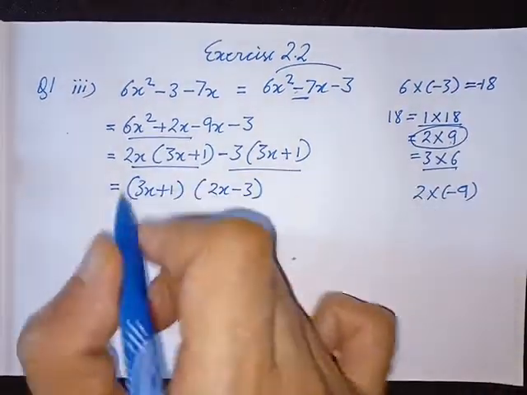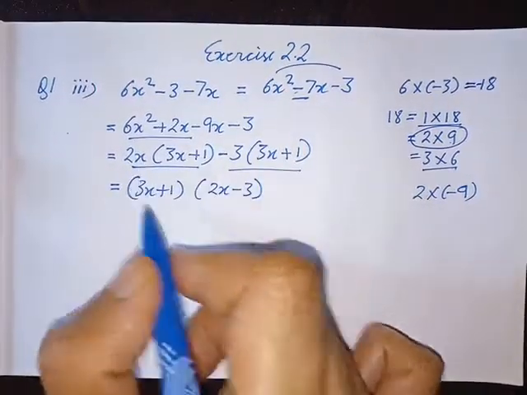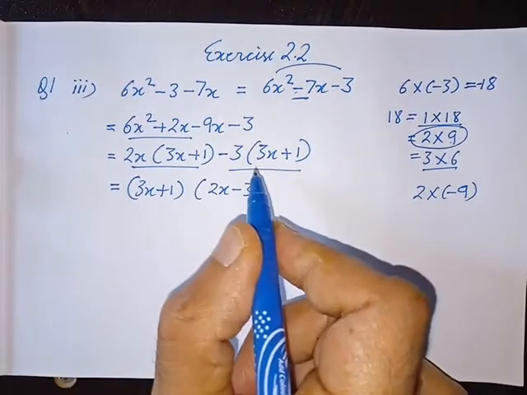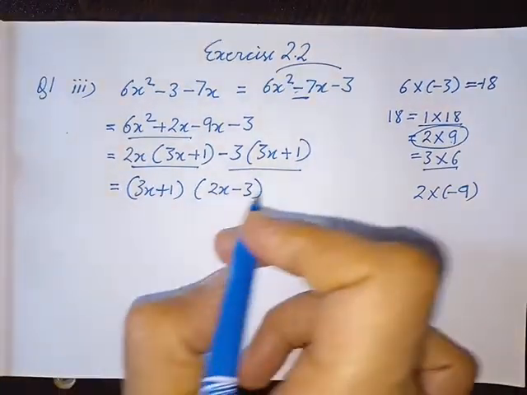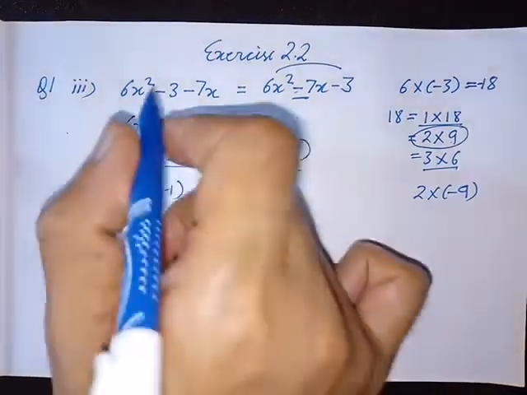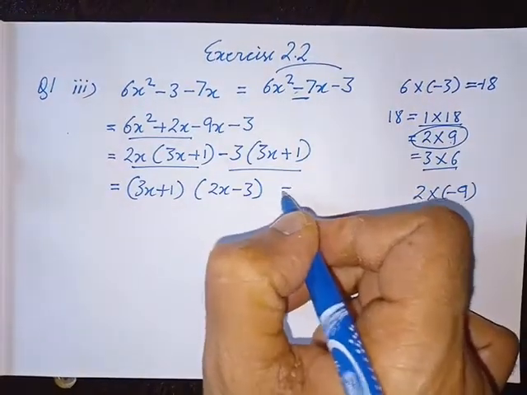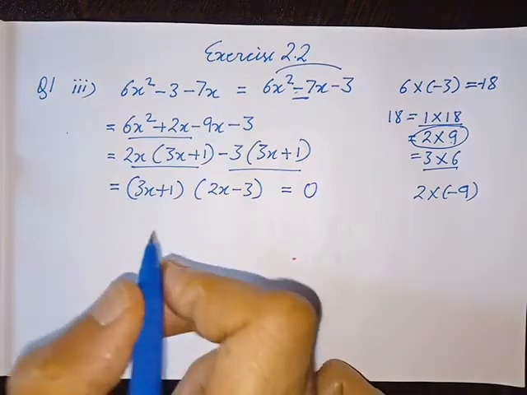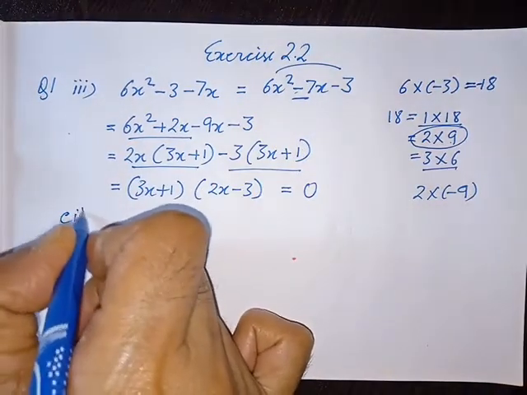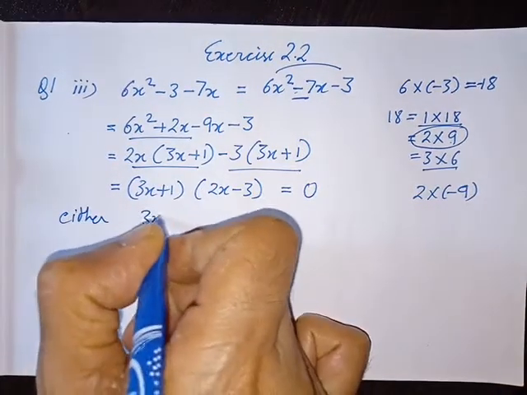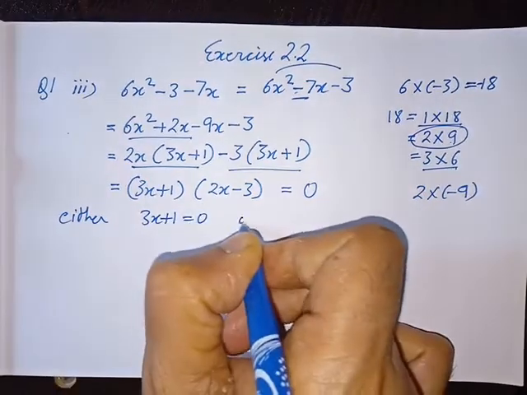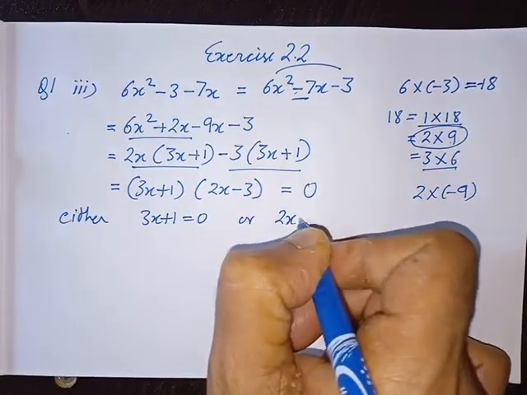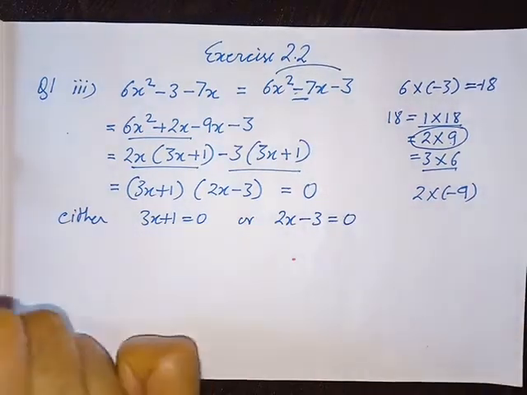Now we have to find the solution. The solution, or the zeros of this polynomial, will be the values of x which when substituted into this polynomial give its value equal to 0. So either 3x plus 1 is equal to 0 or 2x minus 3 is equal to 0.